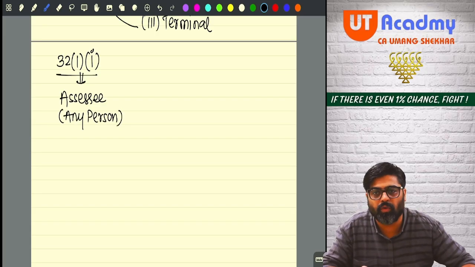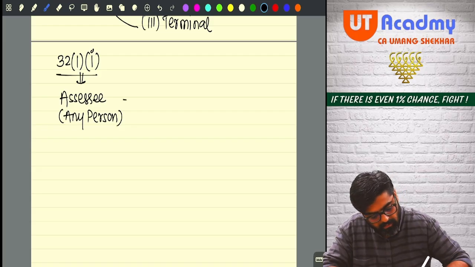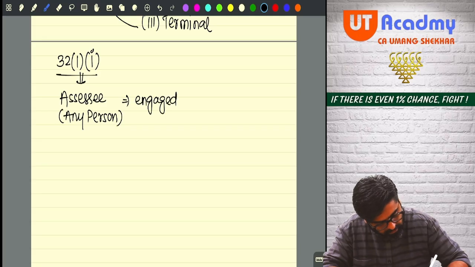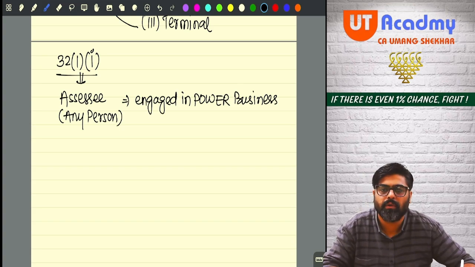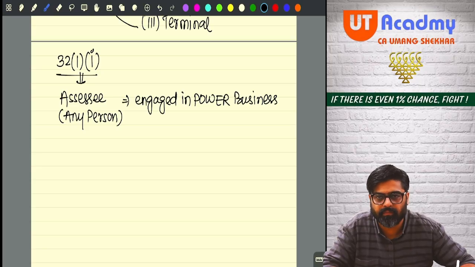If you are an assessee, you can be any person, but you are engaged in any power business. Sir, what is power business, sir? Generation of electricity, distribution of electricity, transmission of electricity.